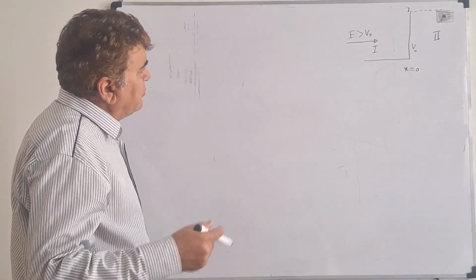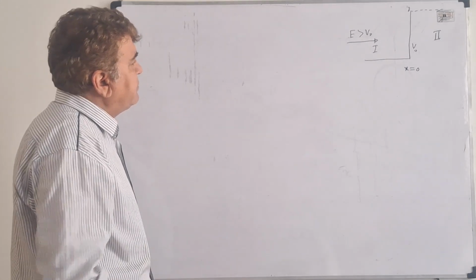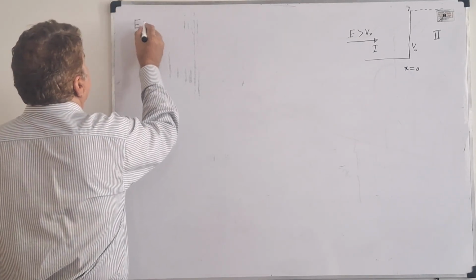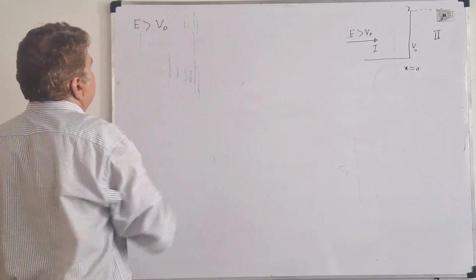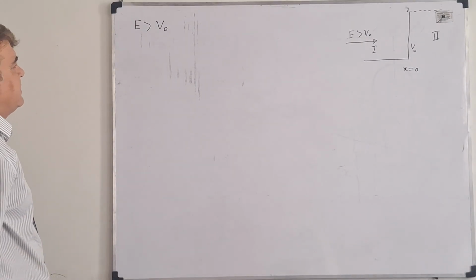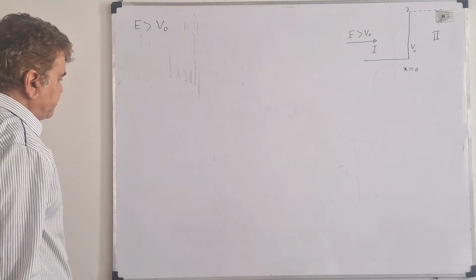So I'll borrow some equations from the previous videos. We consider the case that E is greater than the height of the potential, the energy of the incident particle is larger than the potential.